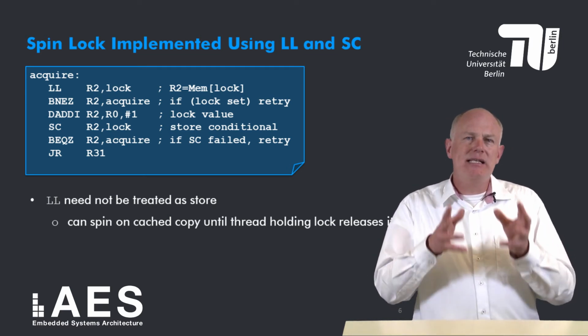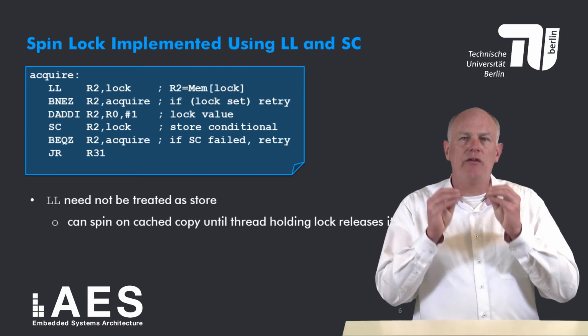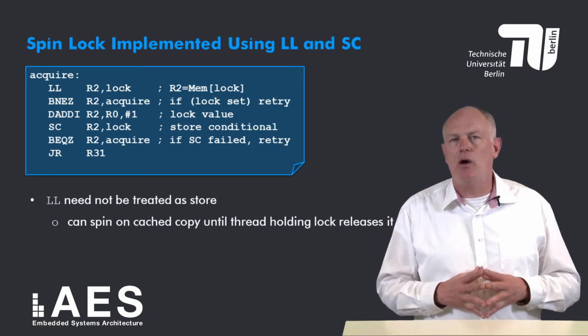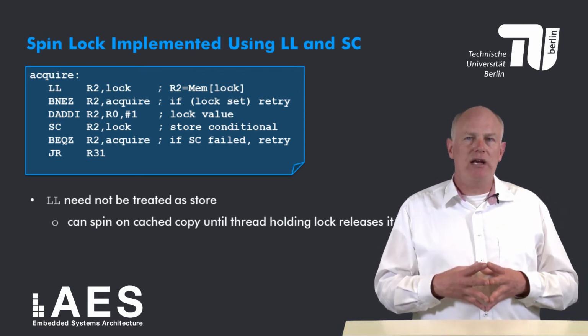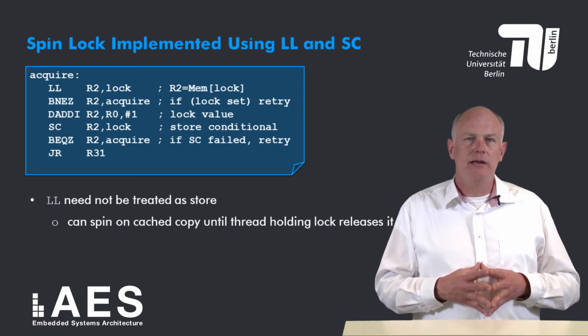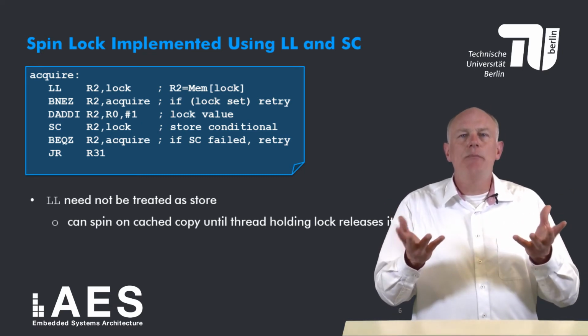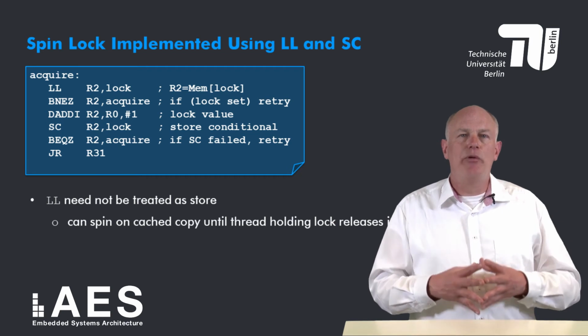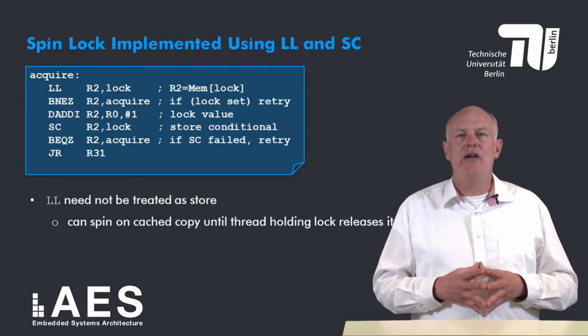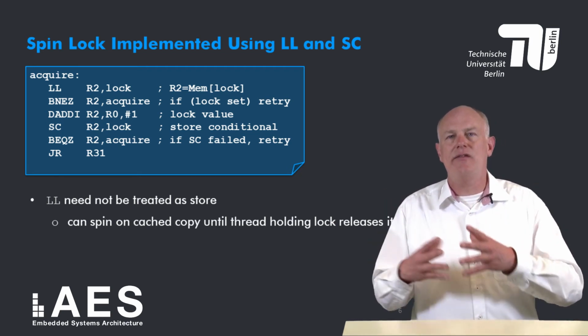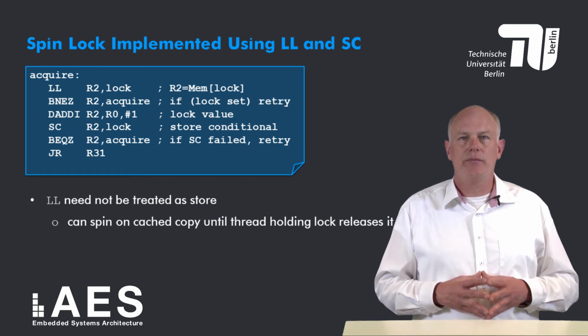This implies that a processor can spin on its own cached copy of the lock variable until the thread holding the lock releases it. In other words, this implementation automatically provides the same advantages as the test and set implementation.